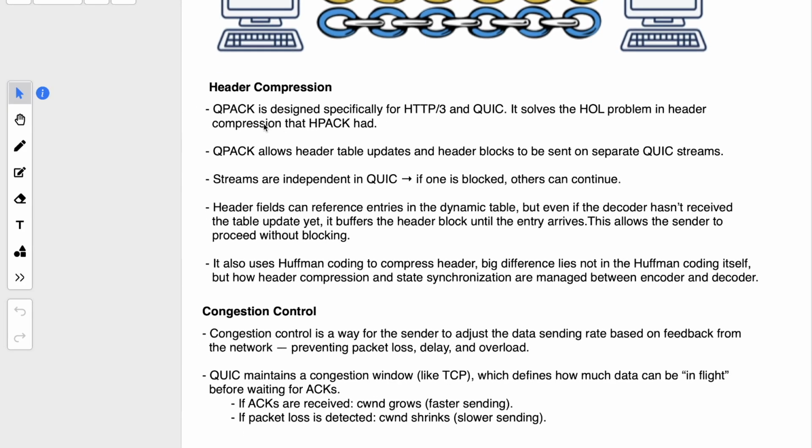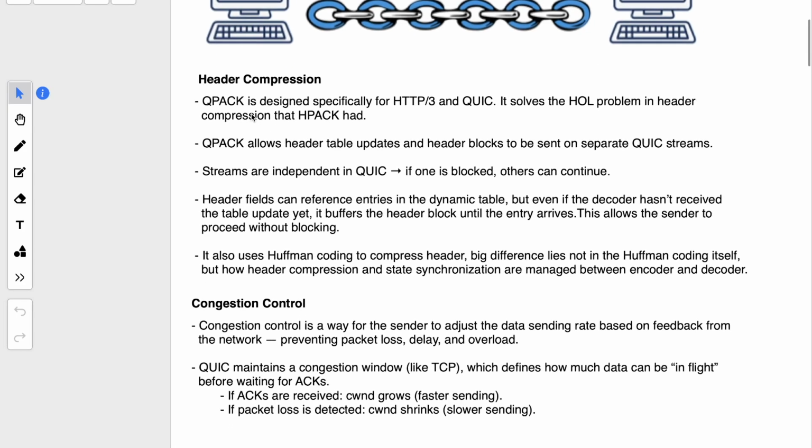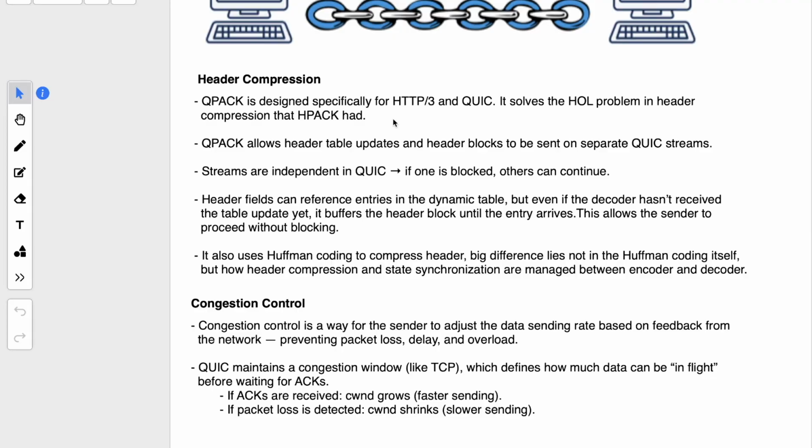Here, instead of HPACK, HTTP3 uses QPACK to encode all the headers. The compression is still the same: headers are compressed and maintained in a table, and only the indexed entries go in the request, but the compression technique is different.